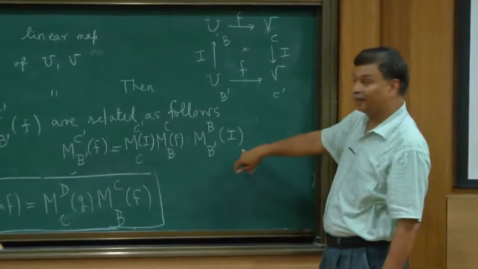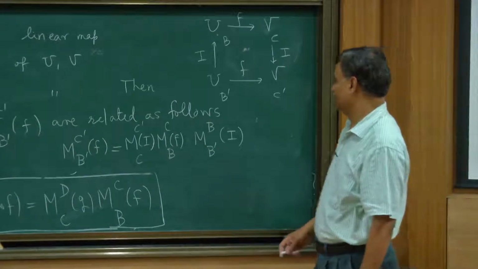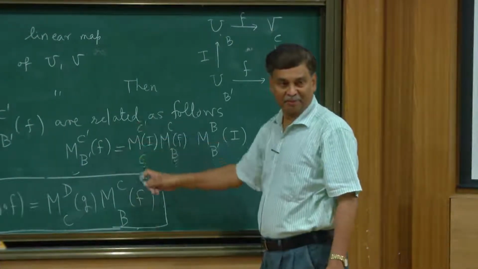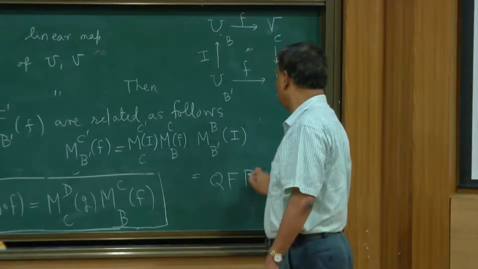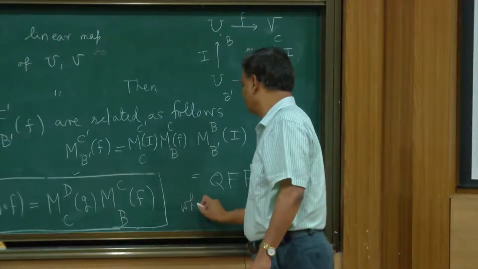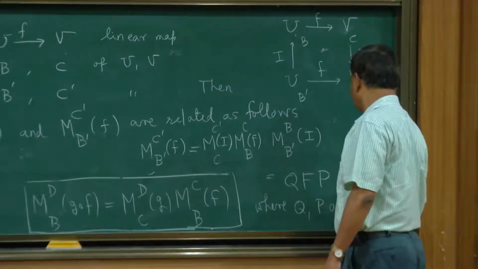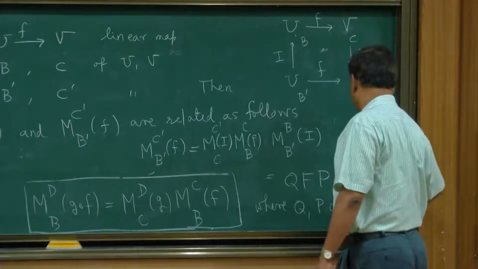And this is exactly the relation that I was talking about yesterday when I mentioned equivalence of matrices, because this map is invertible, so this matrix is invertible. So, this is of the type, let us say, Q F P, where Q and P are non-singular matrices.